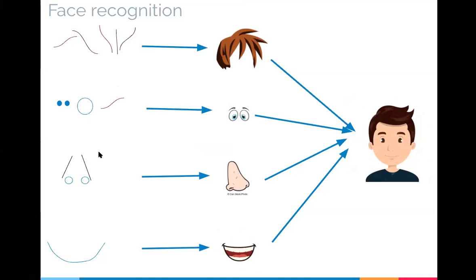And then we're going to convert these low-level features into higher-level features. For example, if we see lots of curved lines, maybe we'll say, oh, it's probably hair. If we see two circles inside two other circles, we'll say it's probably eyes. And then once we've got these higher-level features, we can have the final conceptual idea of the face. So we go from low-level features to high-level features.